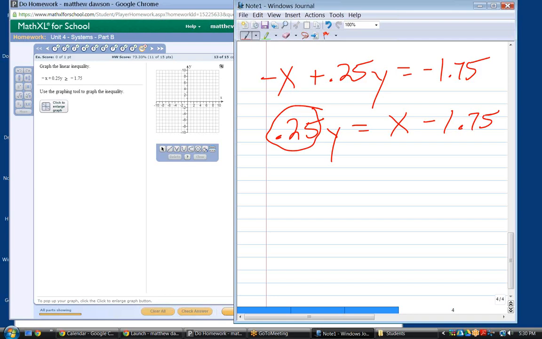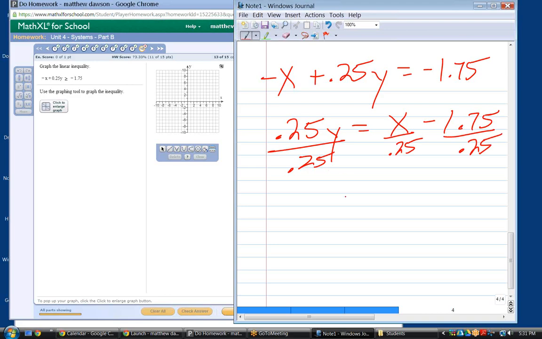If I divide both sides by 0.25, that gets rid of that. Oh, okay. When you divide both sides by 0.25, you have to divide every single term you come across by 0.25.